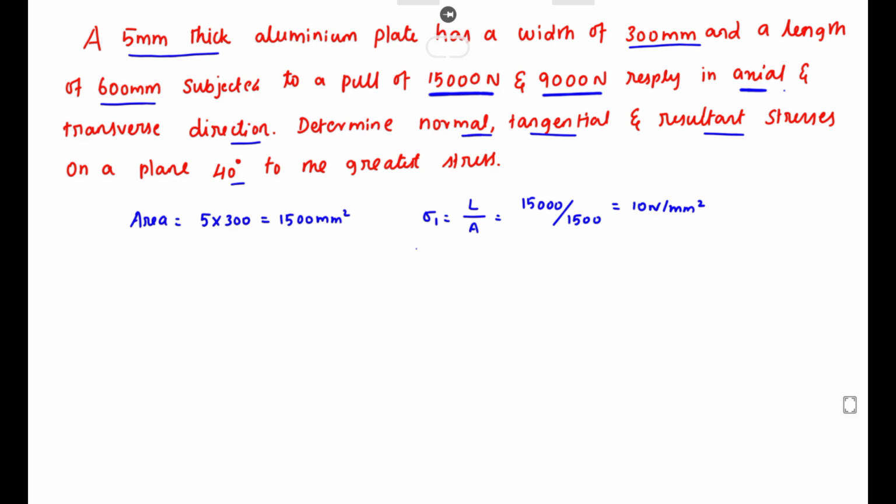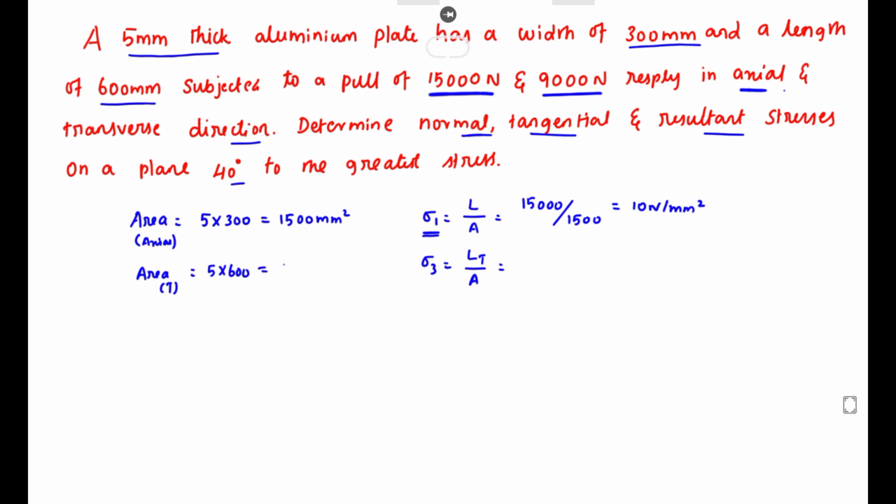Then we have to find the transverse stress, that is sigma 3. That is the minor principal stress, while sigma 1 is the major principal stress. So the transverse load divided by area. Now this is axial, so the area in the transverse direction is 5 into 600, since the length is 600.